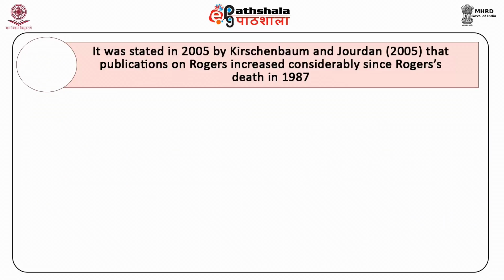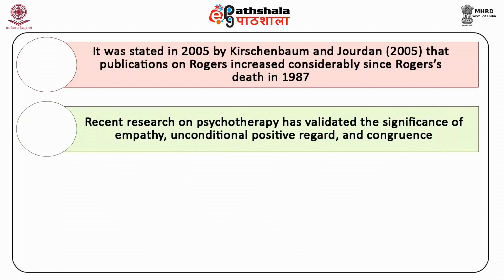It was stated in 2005 by Christian Baum and Jordan that publications on Rogers and the client centered or person centered approach have increased considerably since Rogers' death in 1987. Recent research on psychotherapy has validated the significance of empathy, unconditional positive regard, and congruence, which are the central features of Rogers' approach for effective therapy.